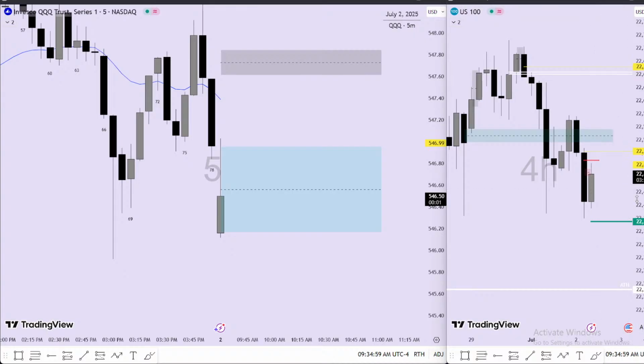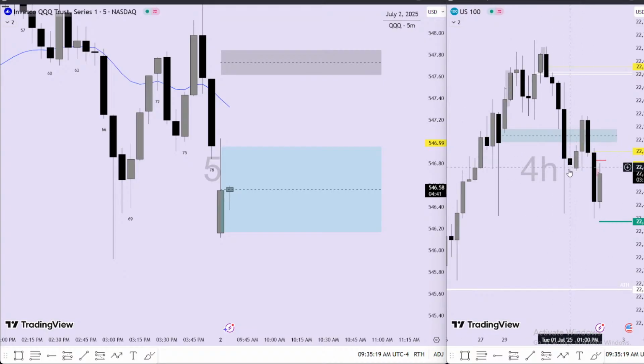For the context, we are still within the range of yesterday's opening, the drop we got. So that was the candle. We are still within that candle's range, but it's still more bearish on the 4 hours than bullish as of now.